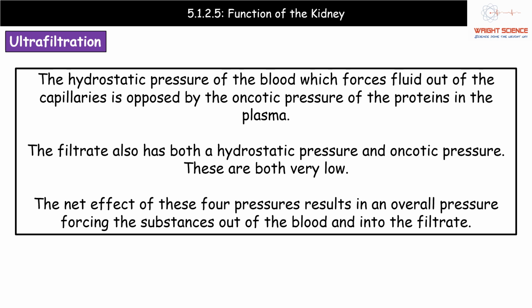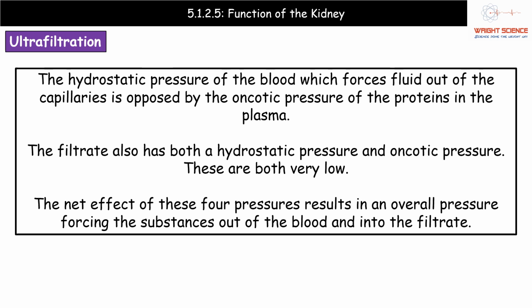One thing that we need to understand in terms of how this pressure is all set up and how these fluids are going to be moving is a little bit of a recap on two types of pressure we encountered back in module 3, where we were looking at the formation of tissue fluid. We've got hydrostatic pressure and oncotic pressure. Hydrostatic pressure is going to be caused by the blood, it's basically blood pressure in this case. And then we've got the oncotic pressure, which is down to the plasma proteins.